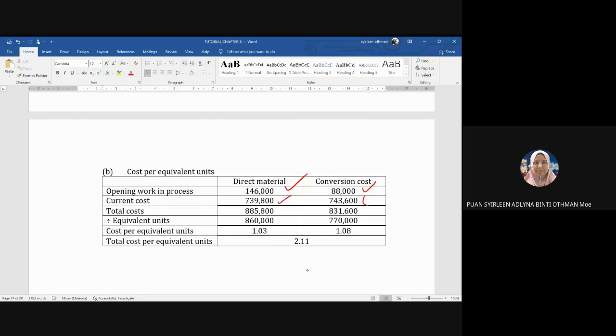Okay, conversion cost ni ialah 410,300 plus 33,600 ringgit. So you get 743,600. Okay. So kita bahagi dengan kita punya equivalent unit tadi. So total cost is RM2.11. Okay. Alright. Selesai. Soalan 8.